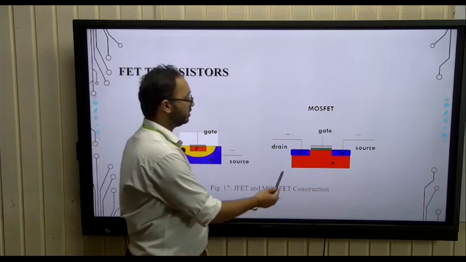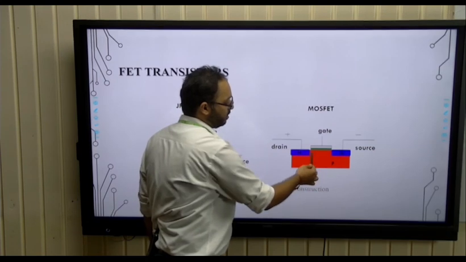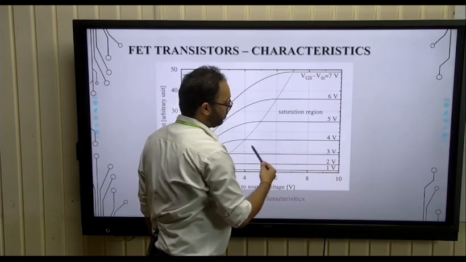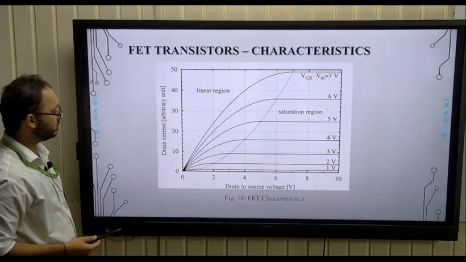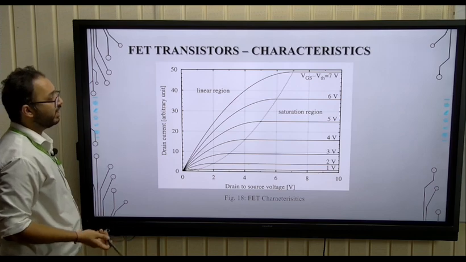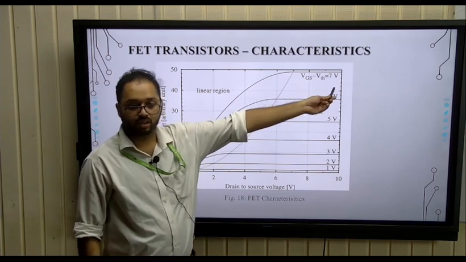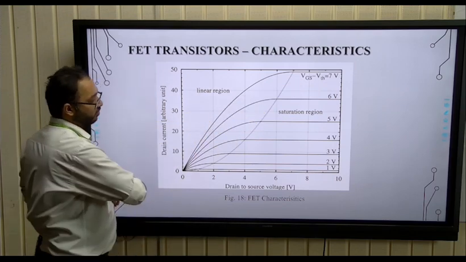And same in the MOSFET, this is connected here, and the formation of the bridge is at this point. Now when we talk about its characteristics, what actually happens is when I have applied VGS minus VTH, only then we are having this region of conduction.